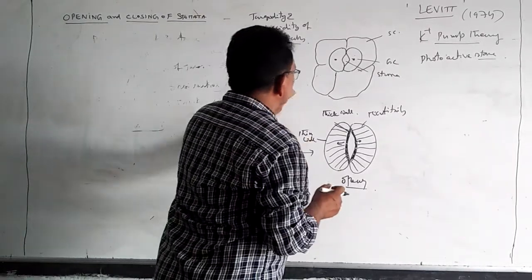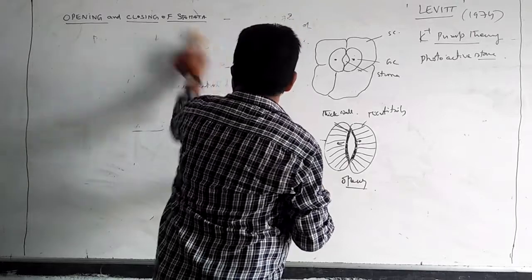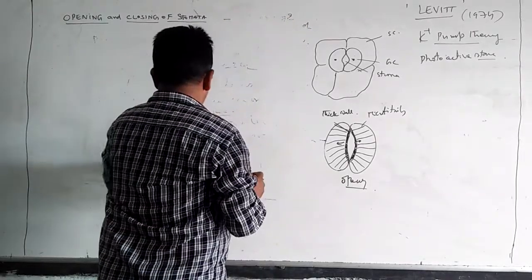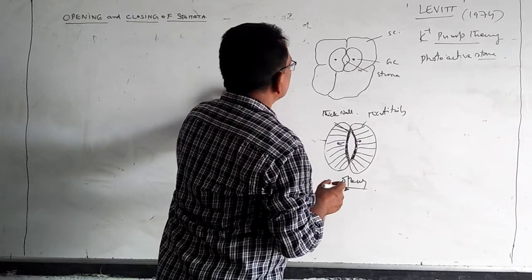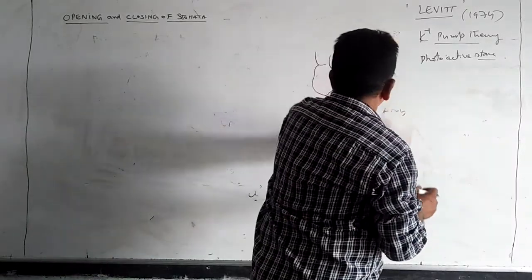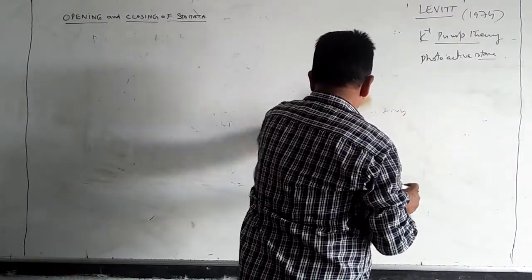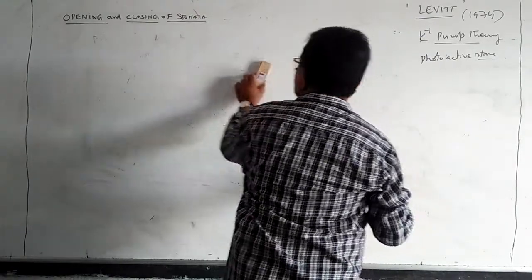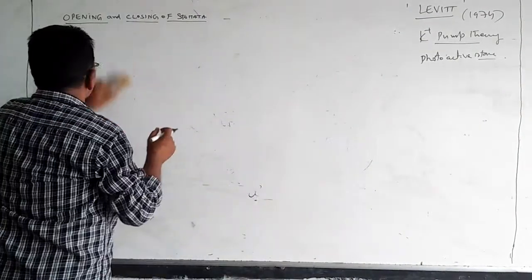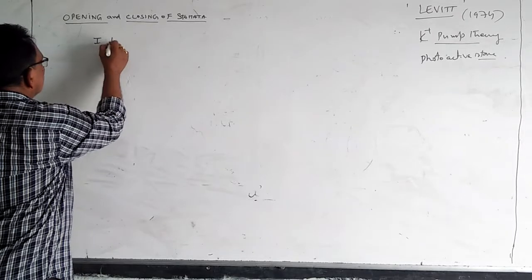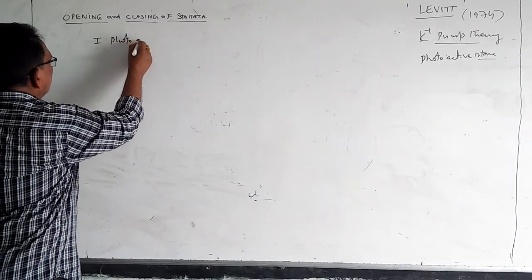There are two types of stomata we can come across. The first one is photoactive stomata.